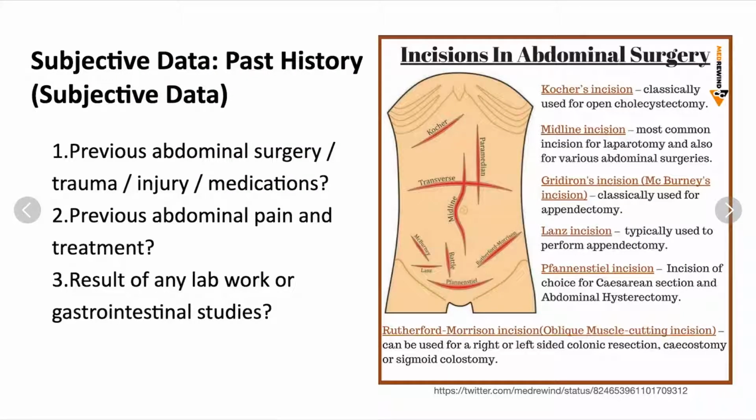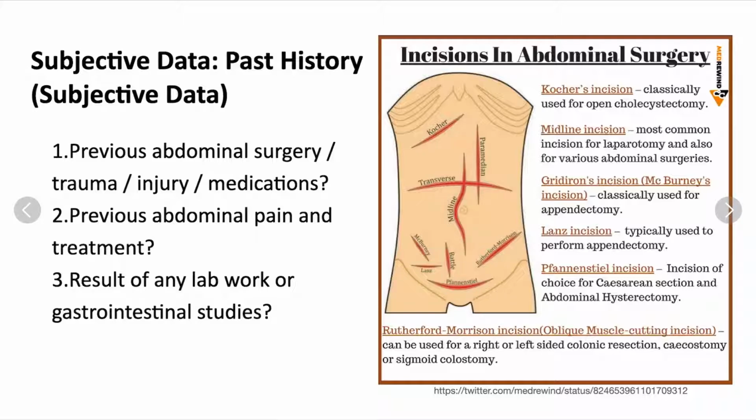Okay, so we will also ask for the patient's past history. This one, we have previous abdominal surgeries, traumas, or injuries. During the initial interview, you might not be able to see this, but while you are assessing, the patient might say, I've been in a car accident before, so I have this operation in me.